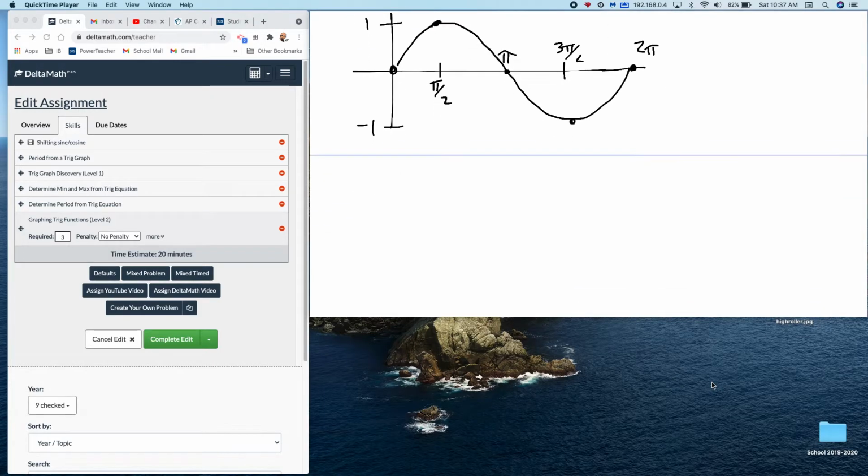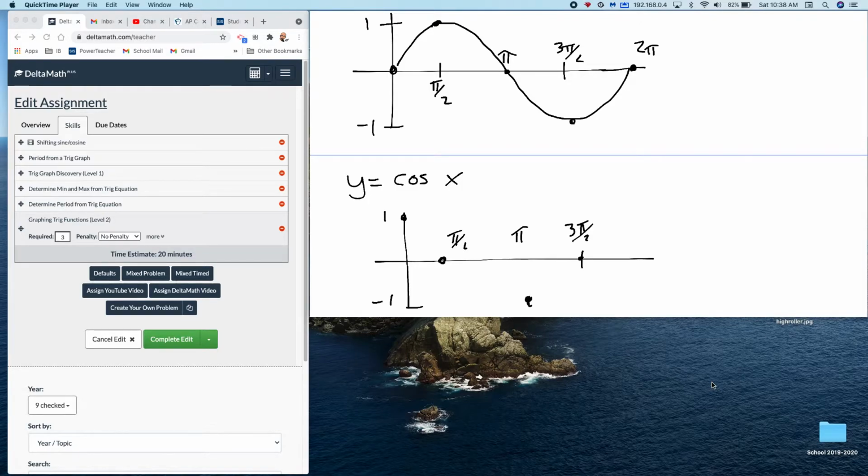Whereas the cosine graph has a similar idea, but it starts at 1, goes down to 0 at pi over 2, goes down to -1 at pi, returns to 0 at 3 pi over 2, and then goes back up to 1 to finish it off at 2 pi to make one cycle.